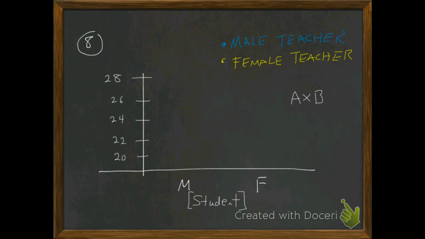So the blue line is going to go from 20 to 20. And the yellow line is going to go from 28 to 20. Now when we look at that, we see that the lines are not parallel, so the interaction effect is statistically significant.